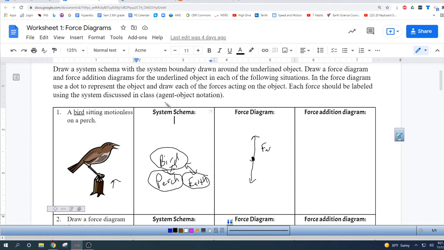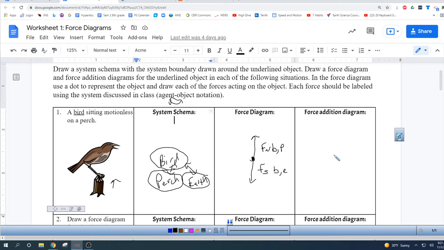And we do object-agent notation, not agent-object notation. Our object is the bird, and it's being pushed on by the perch. And we have a force going down, and that is the force of gravity on the bird. By doing object first, as long as all of these are on the bird, we should be good.